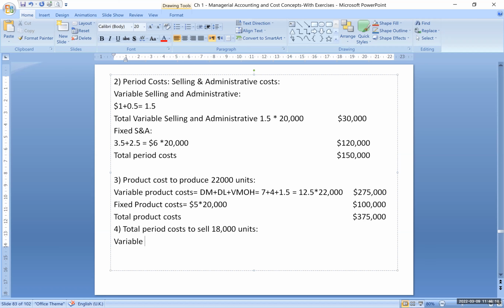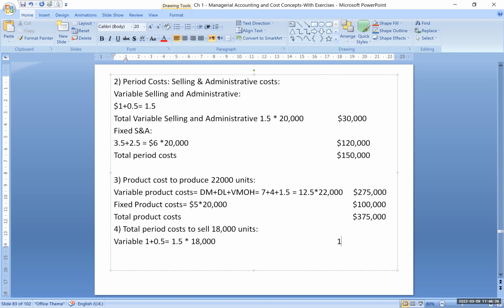In all cases, we are paying $120,000, either we sell less or 20,000 units. So the variable part will be $1, which is the sales commission, plus $0.5, which is the variable administrative expenses. This equals $1.5 times how many units do we sell? 18,000 units.